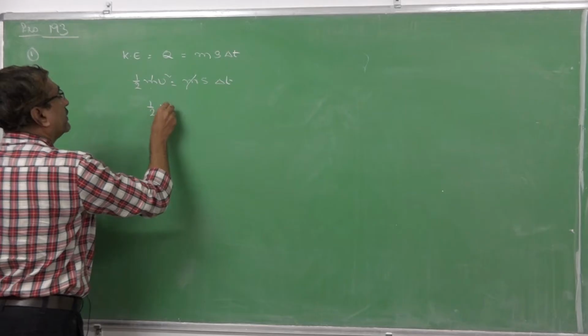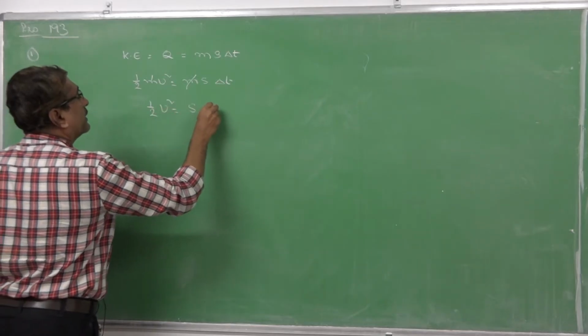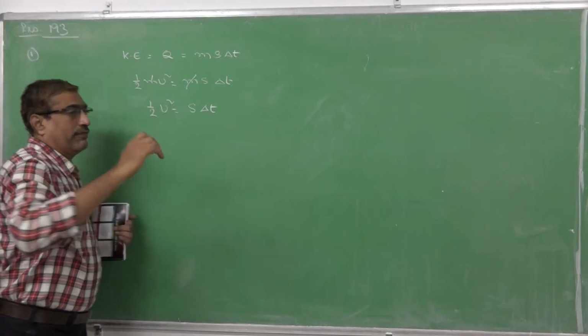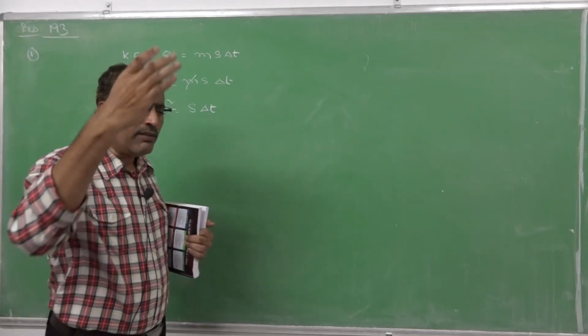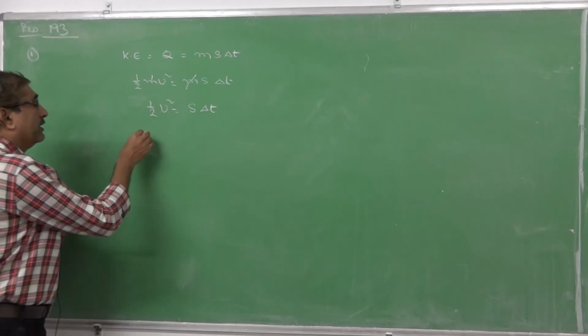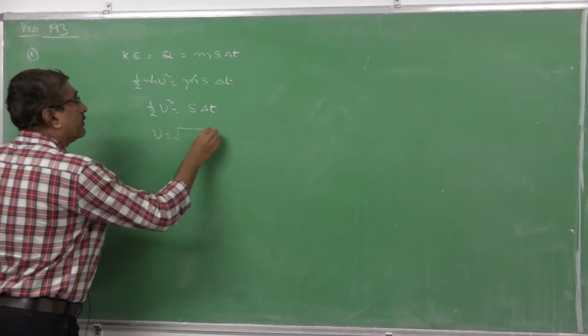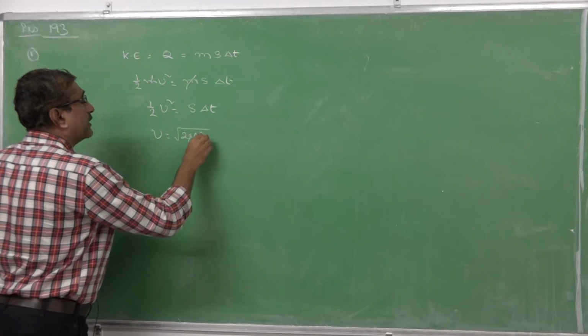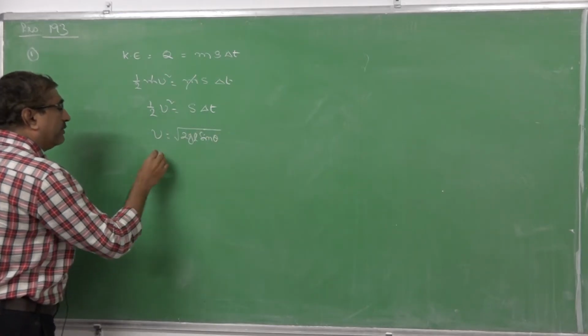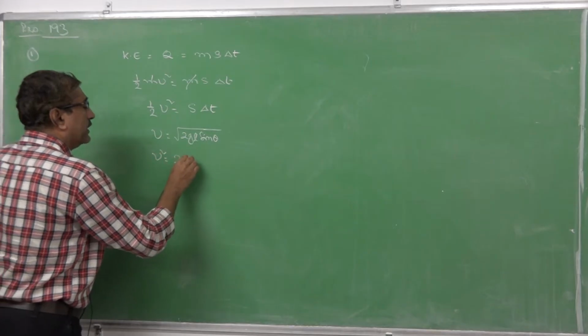That is half v square equals s delta T. Now, for the body sliding down an inclined plane, its velocity is given by v equals square root of 2gL sin theta. So v square is 2gL sin theta.